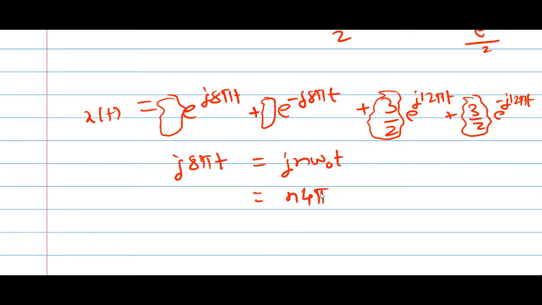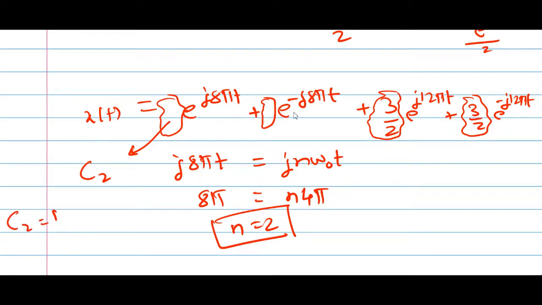So n 4 pi equal to 8 pi. Pi cancel. So n value is 2. So this is nothing but C2. So C2 value is 1, and this will be C minus 2. C minus 2 is 1.